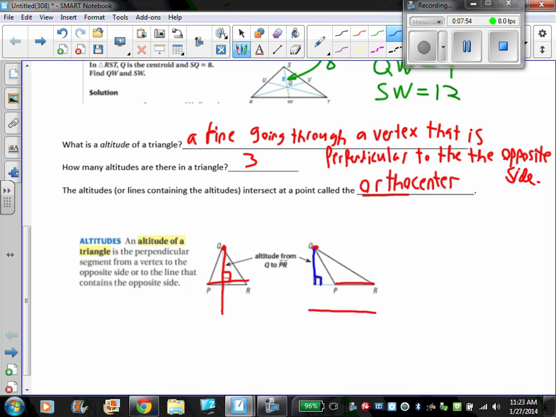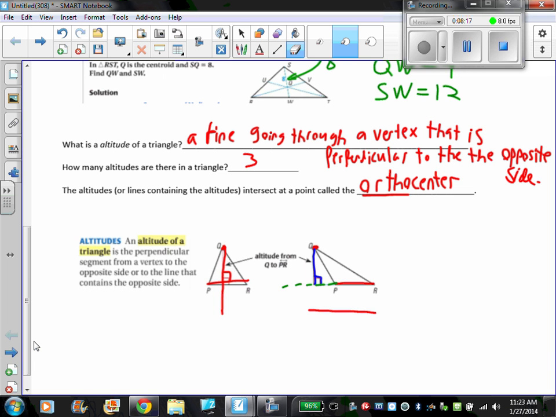The reason being, for us to be able to make a perpendicular line to PR, we need to extend PR out this way so that we can make the line from Q extending straight down. Now, PR doesn't change length. It's the same segment it was. What you need to realize about altitudes is that they will not always be inside the triangle.